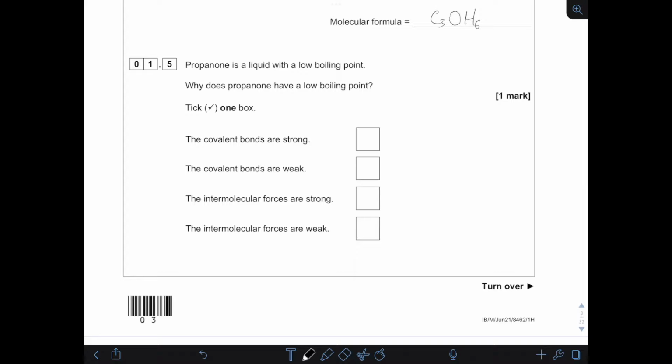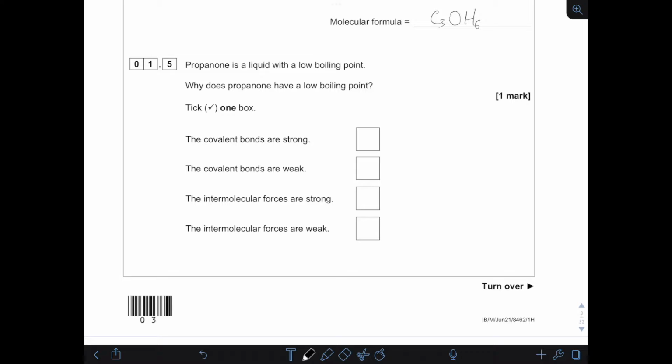1.5, propanone is a liquid with a low boiling point. Why is it so? So this is the classic, why does water have a high boiling point, and why does acetone, or methane, have a low one? Remember when we're looking at simple molecular molecules here, their physical properties are determined not by their covalent bonds, but by their intermolecular forces.